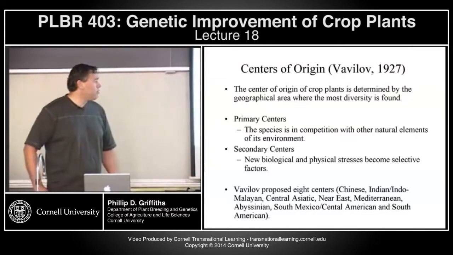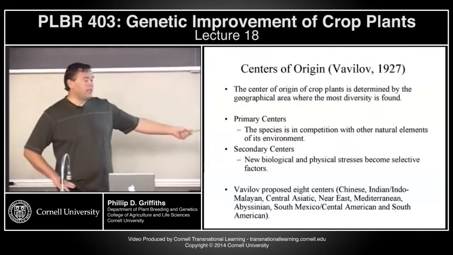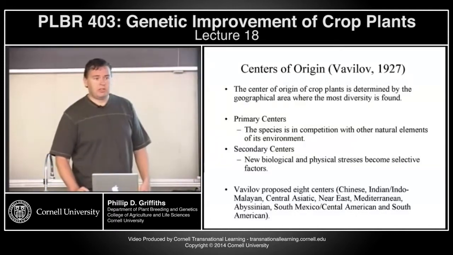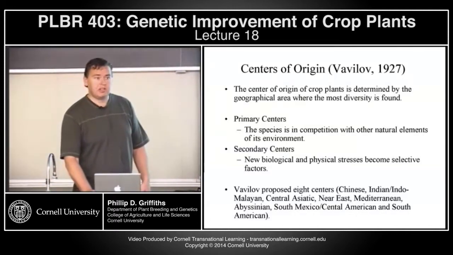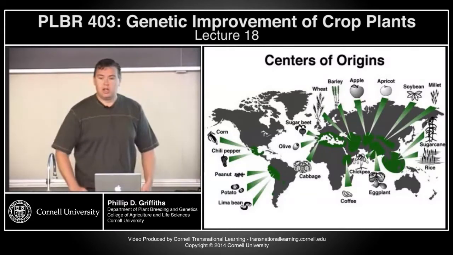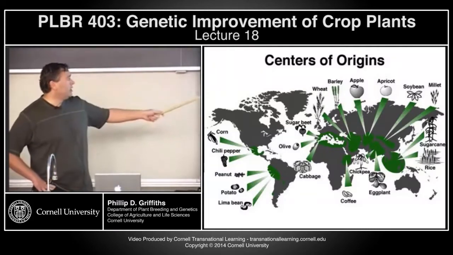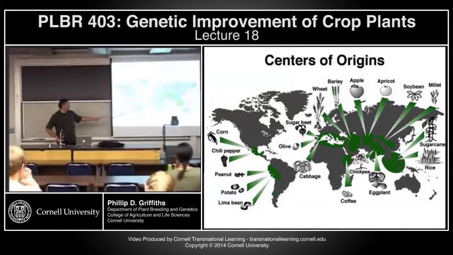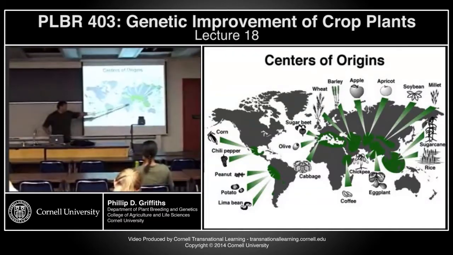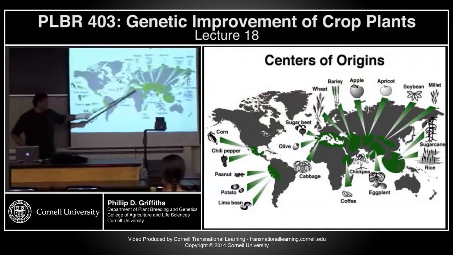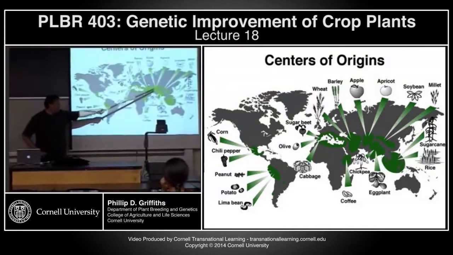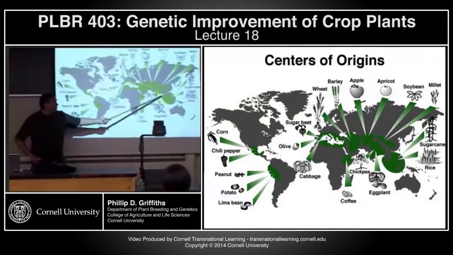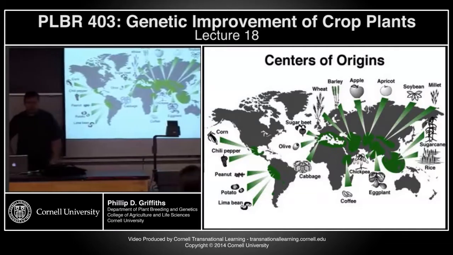But Vavilov proposed that there were 8 centers of origin, and you might have come across this theory in some basic biology classes. But the 8 centers were basically around the Mexican, Mesoamerican region, the Andean region, the Abyssinian or Ethiopian, Mediterranean, Near East, Central Asiatic, Chinese, and then the Indo-Malaysian type of regions.